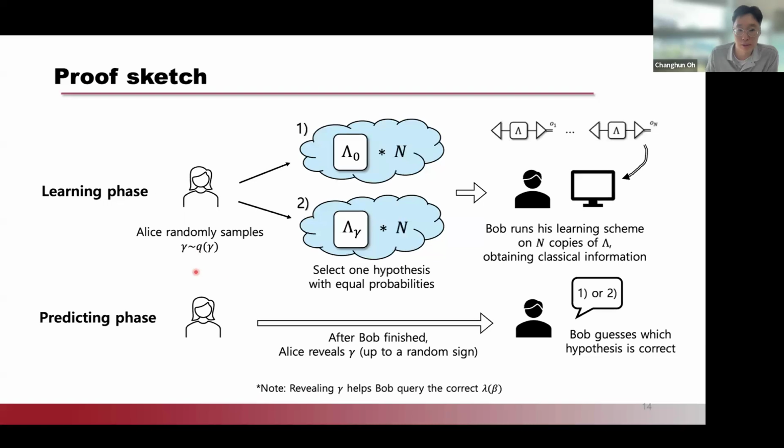As I said, Alice already sampled one gamma, and if she followed this gamma, so she picked the second hypothesis, then Bob will see these 3 peaks clearly if he learned well. On the other hand, if Alice chose the first hypothesis, then this gamma may not follow the channel she chose. But in any case, if Bob estimates lambda gamma, then he can easily distinguish these two hypotheses.